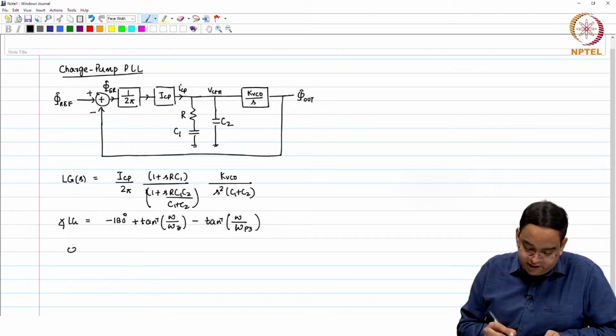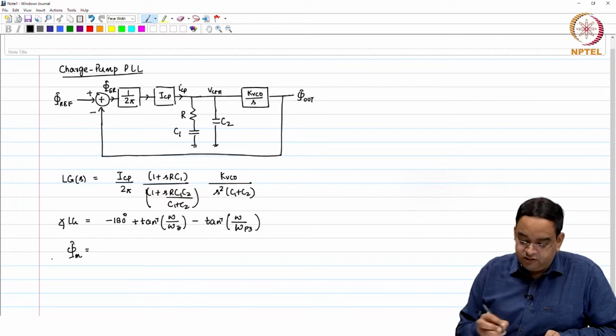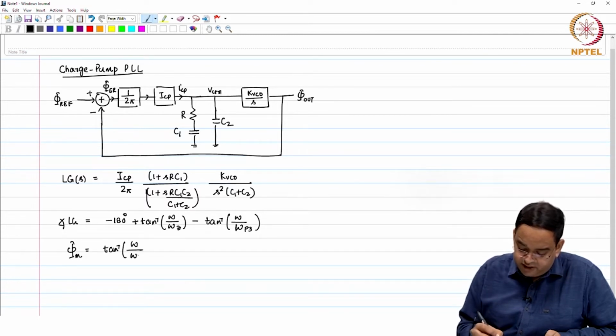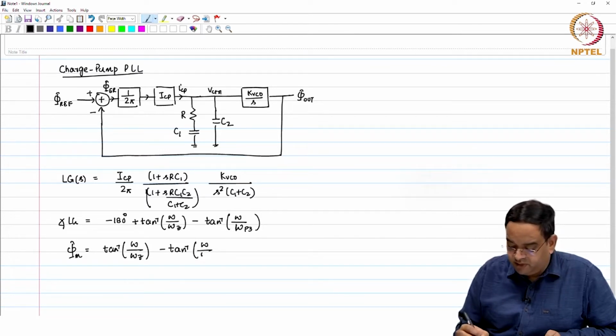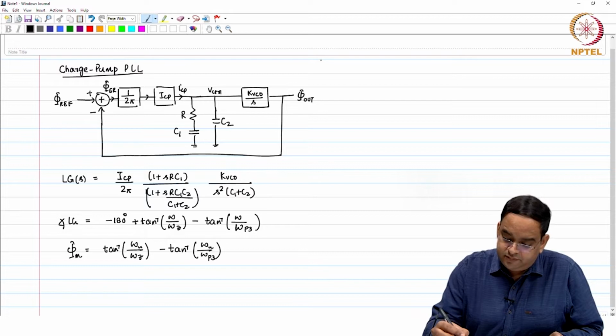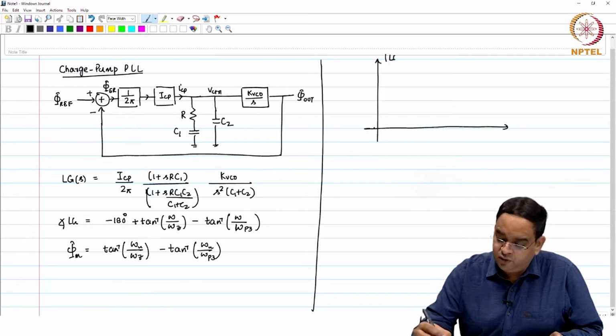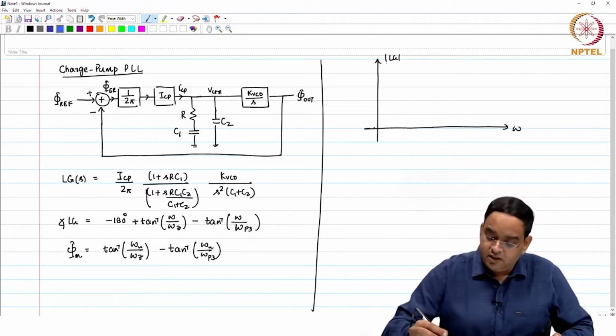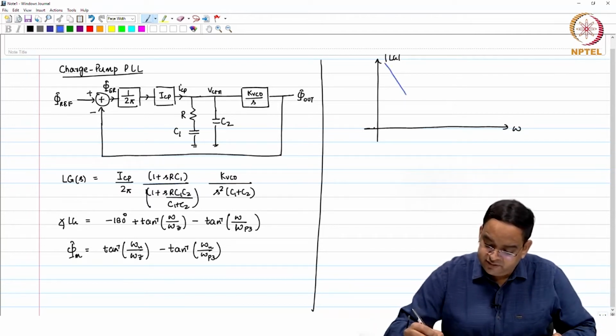I will just rewrite that again, and phase margin is equal to minus the phase which you are seeing here minus 180 degree, which is tan inverse of omega by omega z minus tan inverse of omega by omega p3, depending on what is the unity gain frequency. So, magnitude of the loop gain with respect to omega in dB happens to be like this.